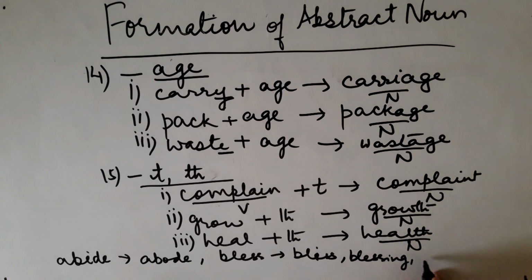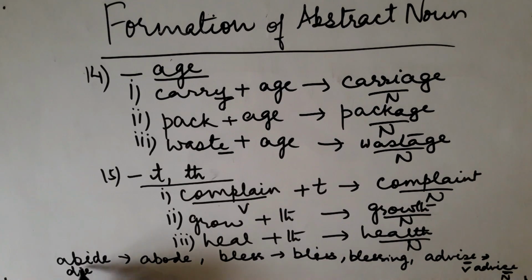We have words like advise. Remember, se is a verb. When we change it to a noun, it is changed to advice. Ce, it becomes a noun. We have words like die. It changes to a noun by simply changing the entire word to death, which is a noun.